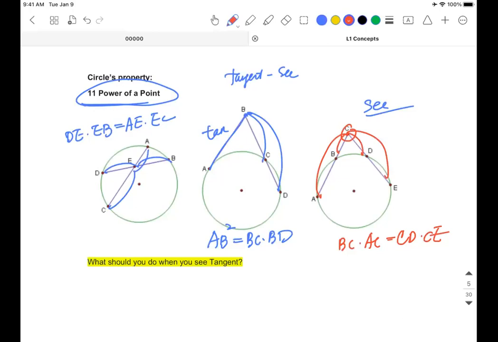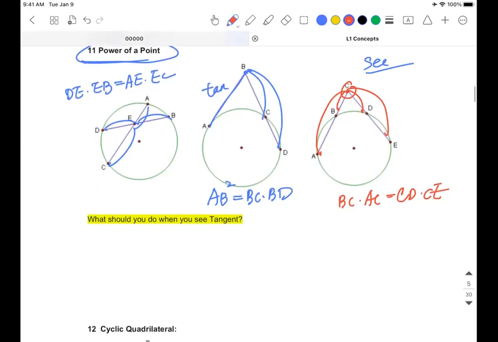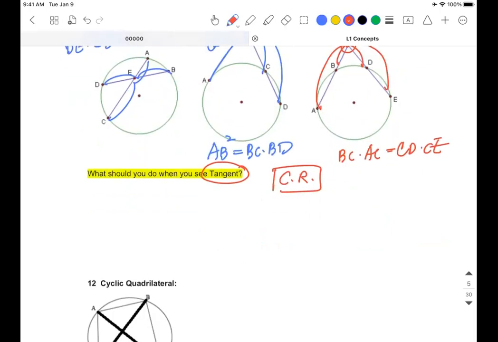So here, before we move forward, we'd like to give you a quick summary. As long as you see a tangent, there might be a line tangent to a circle, or 2 circles tangent to each other, right? What are you going to do as long as you see a tangent? This is something extremely important.